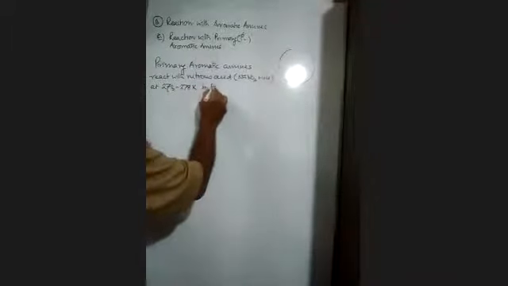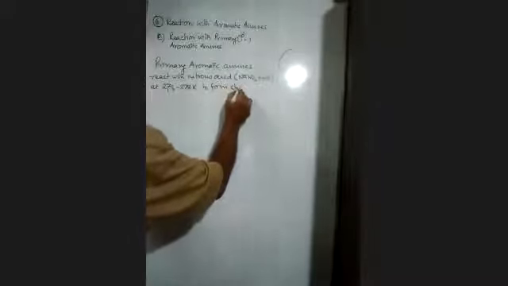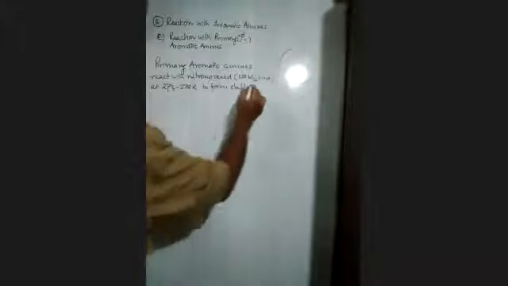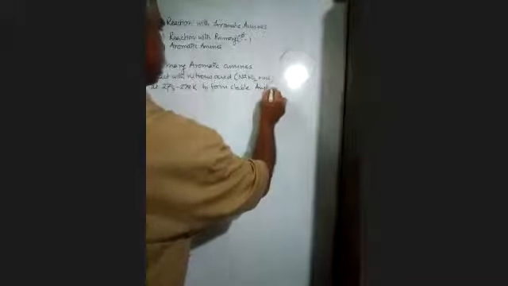At 273 to 278 Kelvin to form stable aryl diazonium salts. If the temperature is more, the salt decomposes. But this one we'll discuss separately.